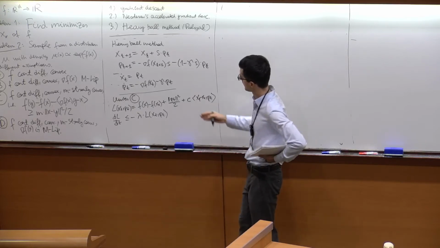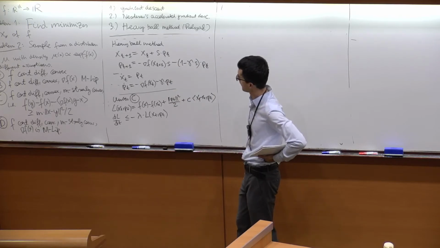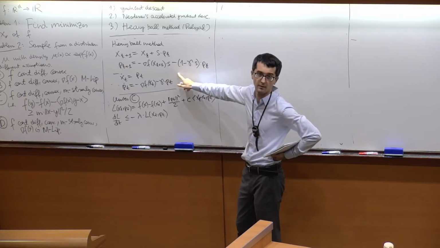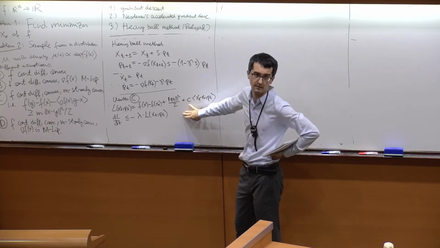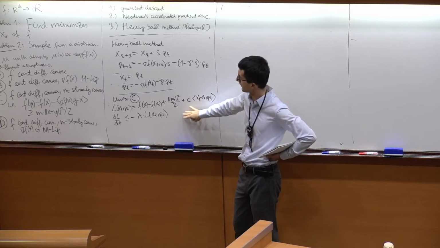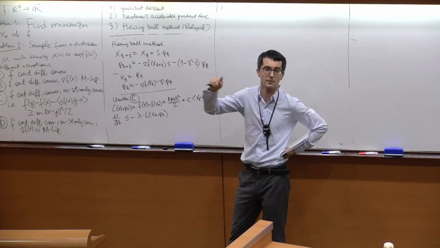And one interesting feature of this is that when you are applying this to a quadratic function, then you can show, by a slightly more complicated method than this Lyapunov function here, that the convergence rate is proportional to the square root of the condition number.